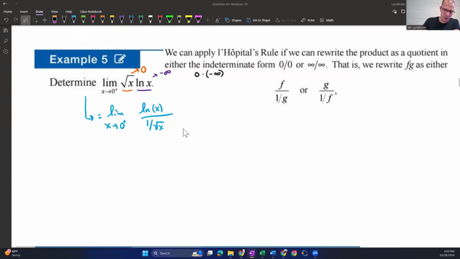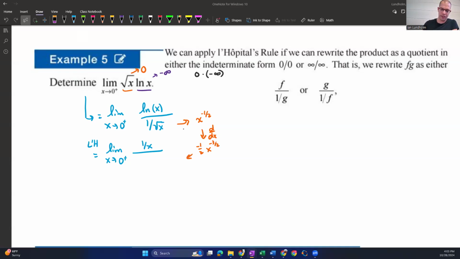And then if we do L'Hopital's rule, we could take the derivative of the top and the bottom. Derivative of natural log is 1 over x. 1 over the square root of x is x to the negative 1/2. And as we're taking the derivative of x to the negative 1/2, that is negative 1/2 times x to the negative 3/2 when we write it that way.